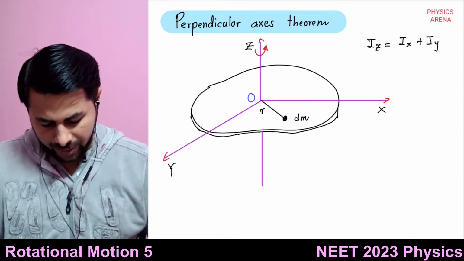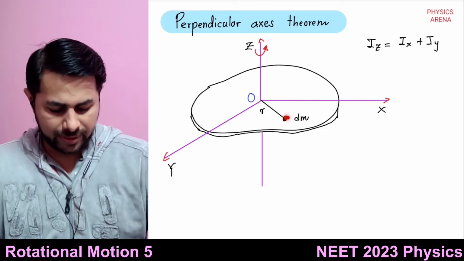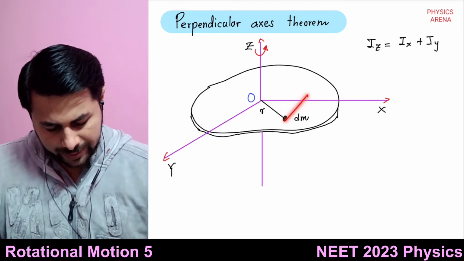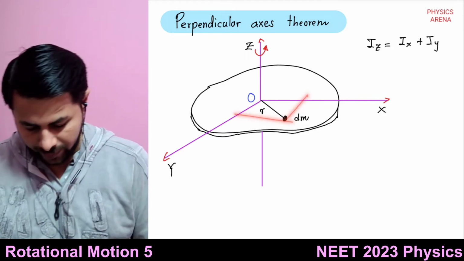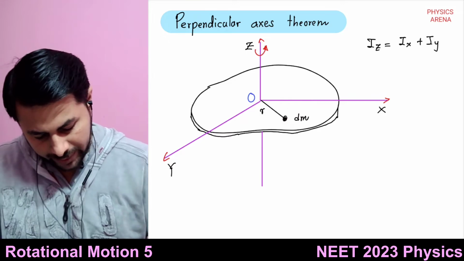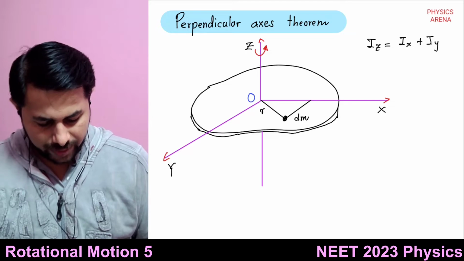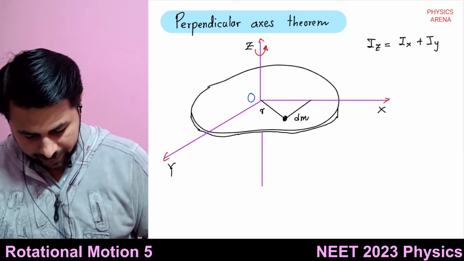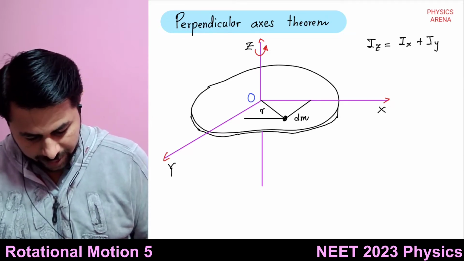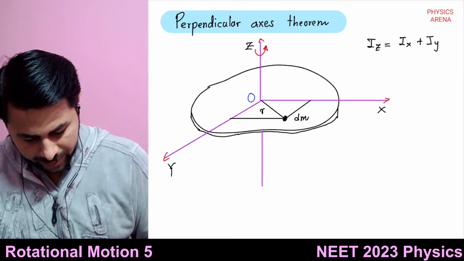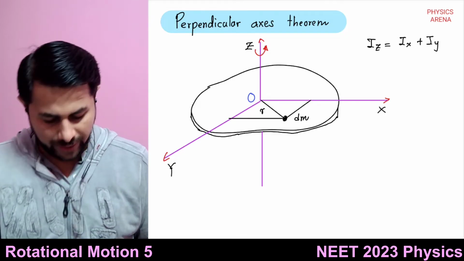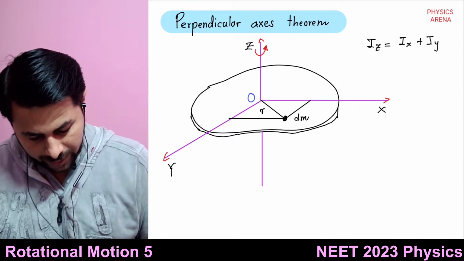Now we can draw perpendiculars from this mass dm onto the x axis and y axis. This is the perpendicular on the x axis and this is the perpendicular on the y axis.